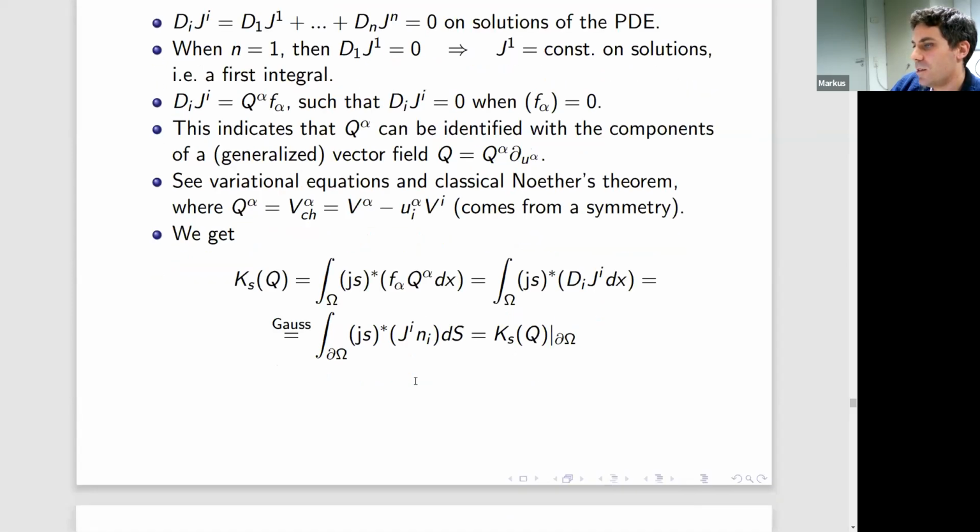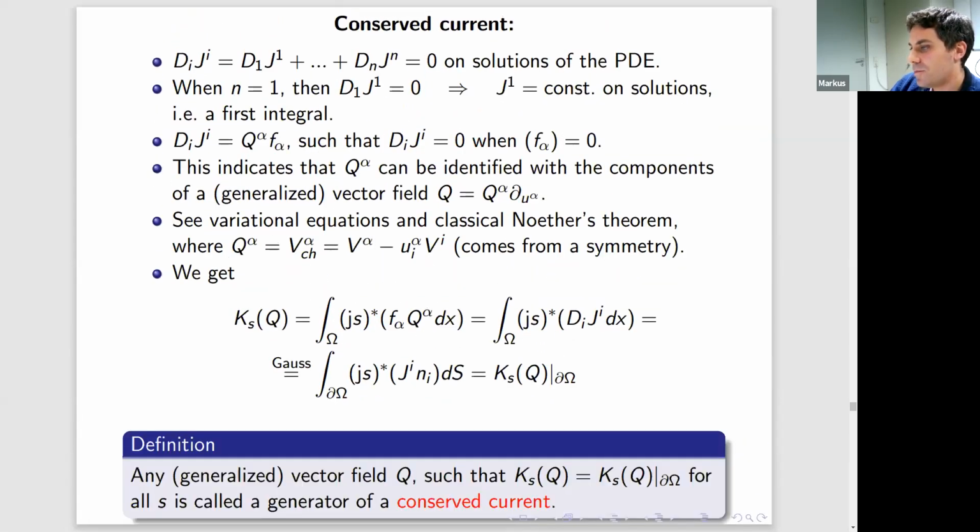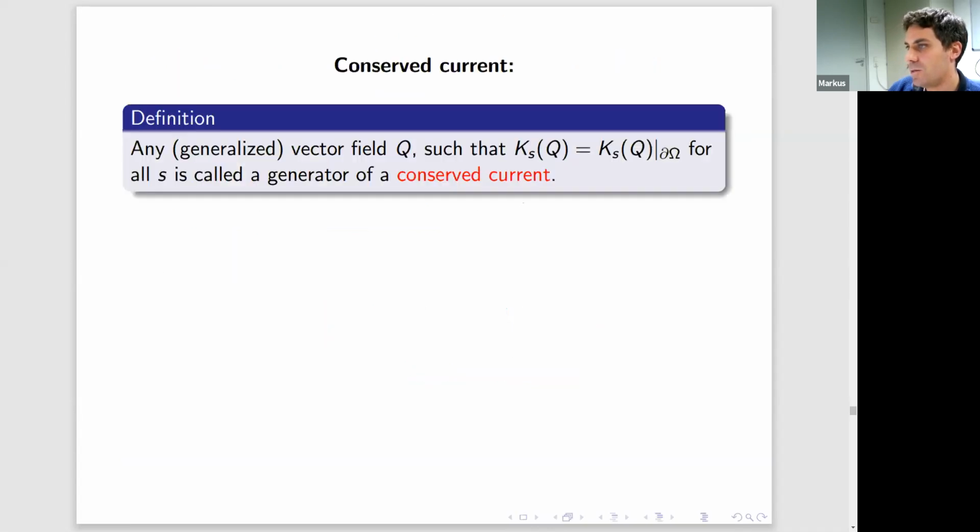So this is basically our definition: any generalized vector field Q, when you plug it into this K, and if this thing only depends on the boundary of omega, then we call this Q a generator for a conserved current. I hope this was understandable.